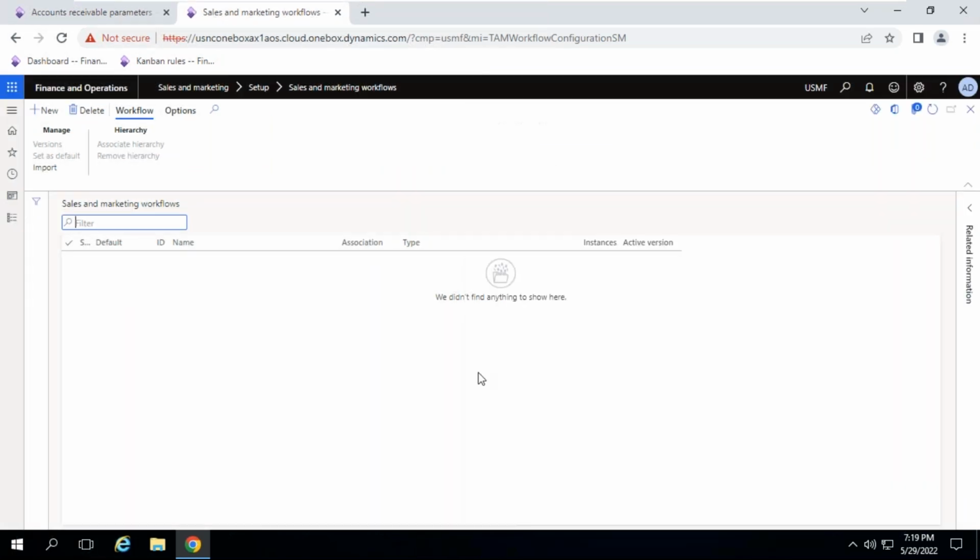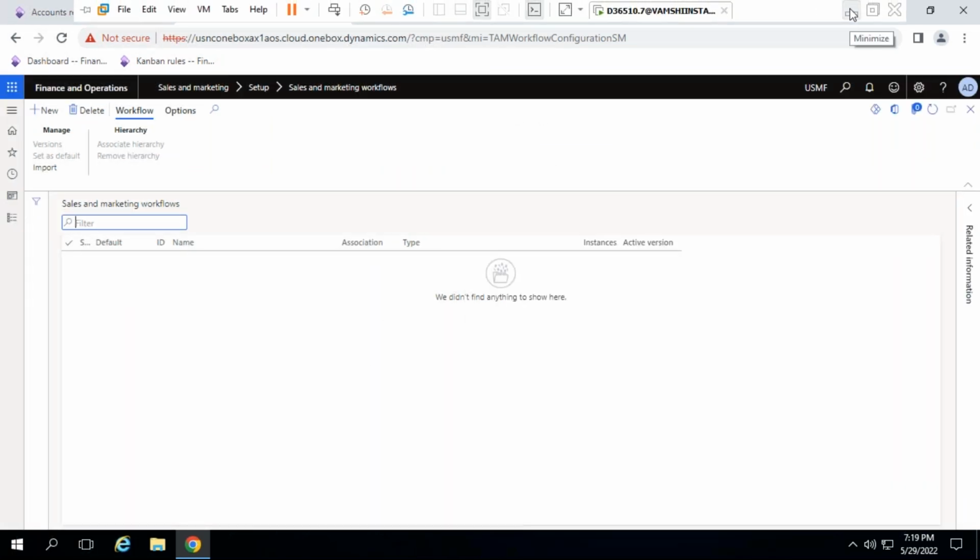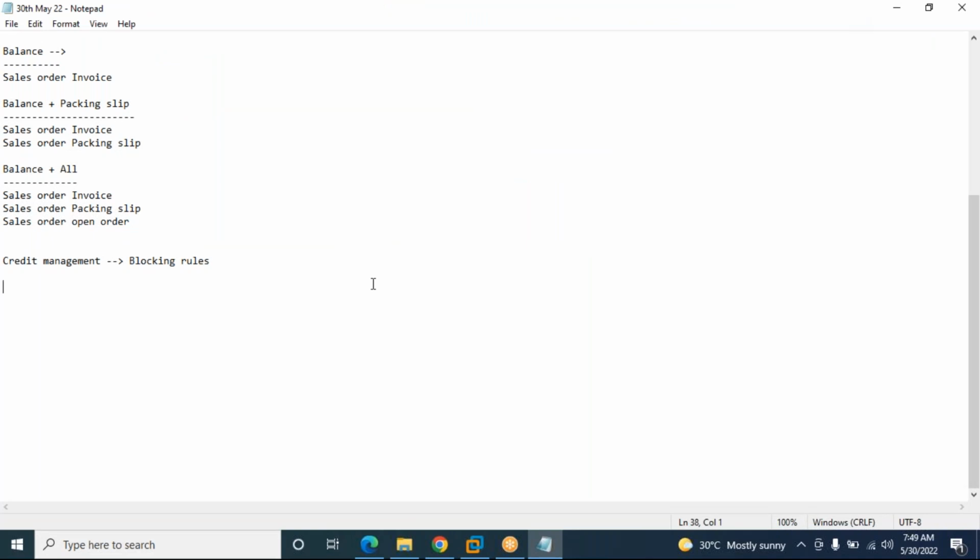Why are sales workflows not there? Any reasons? Any guesses? It is not there by default. It's not there at all. Sales order workflow, why? This is the reason we have the blocking rules, a separate module that has been given over there. Okay, that is fine.